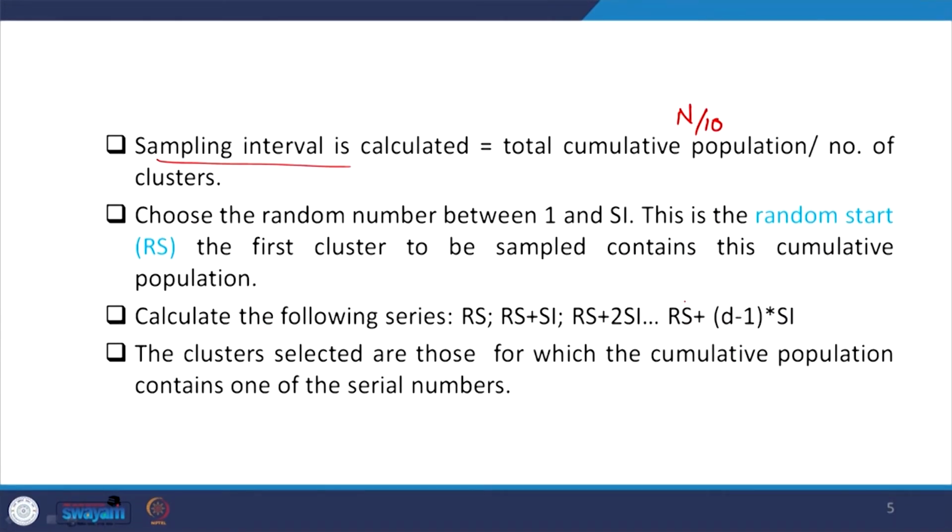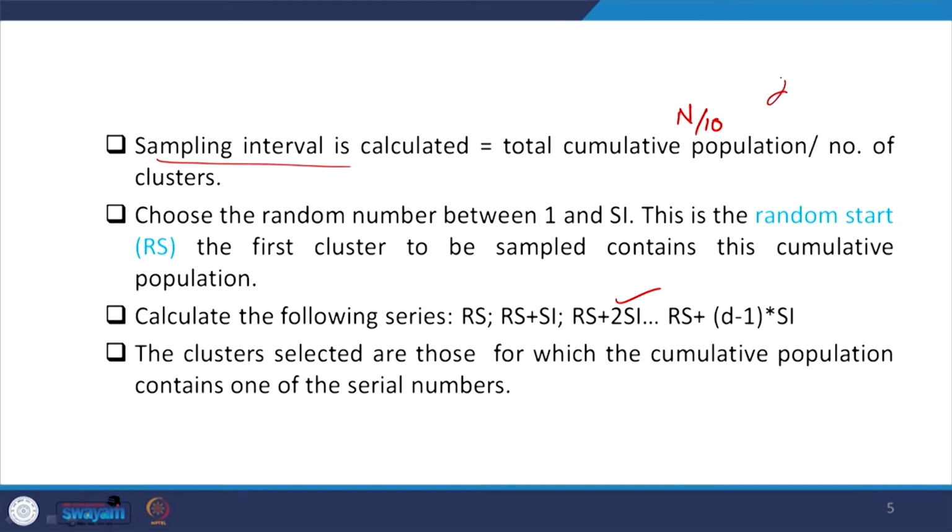Now again you will add RS plus 2 times the sample interval, RS plus 3 times the sample interval, and you will keep on doing that till d minus 1. D is nothing but n by 10.